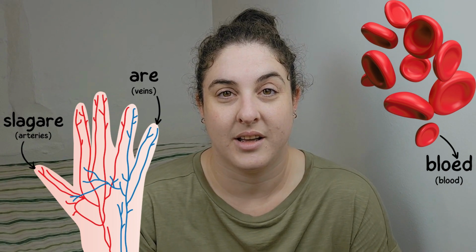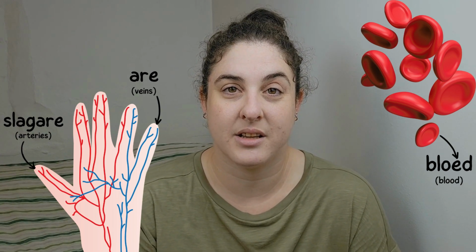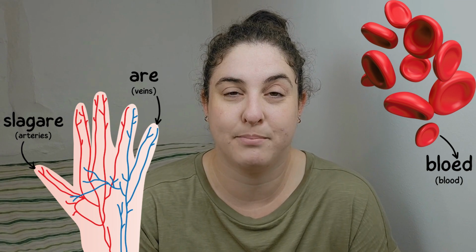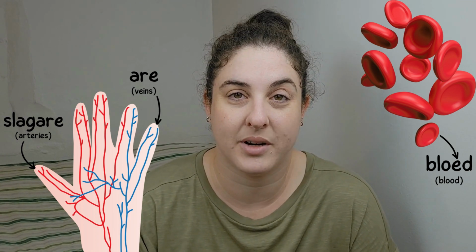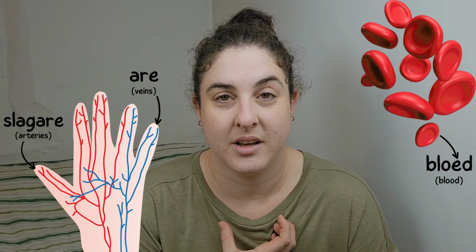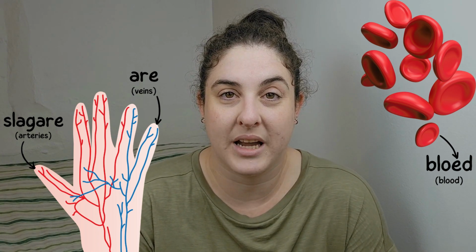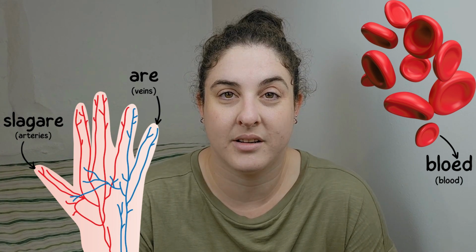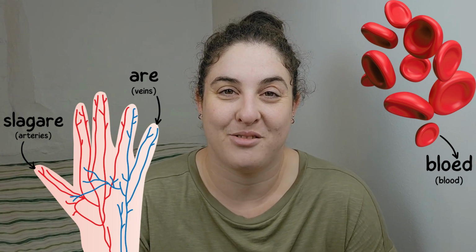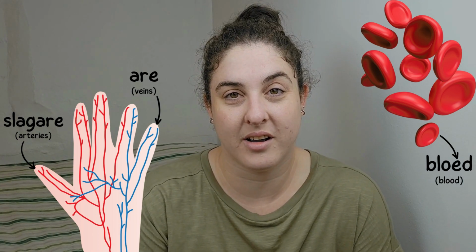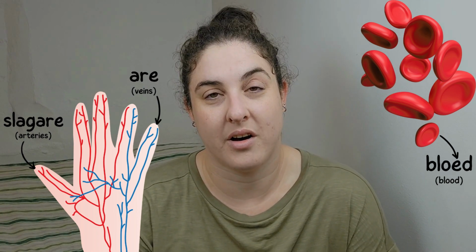Slagare. And then we have veins that transport that blood back from your extremities in your body back to your heart. And those are just are. Veins are are in Afrikaans. So you have slagare and then you have are.